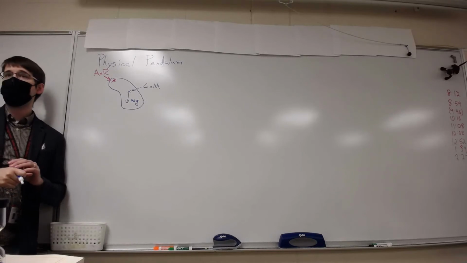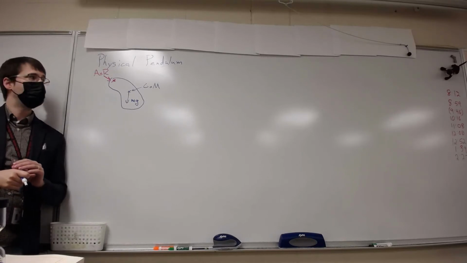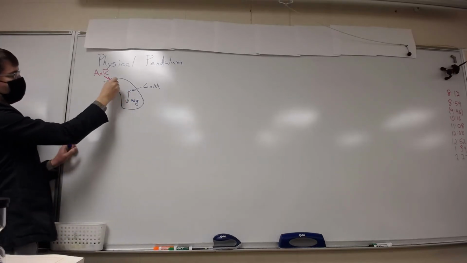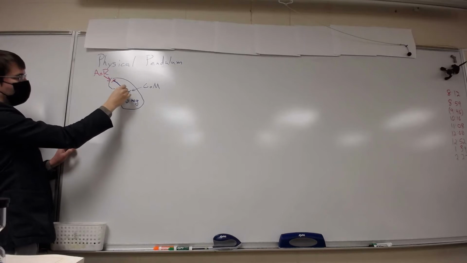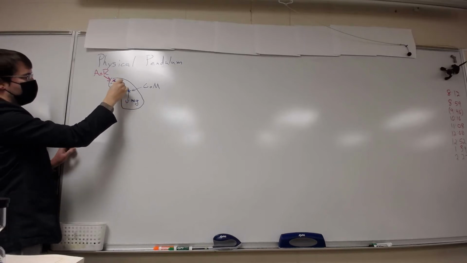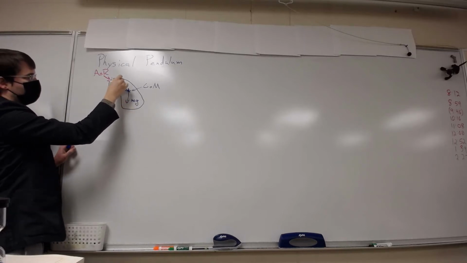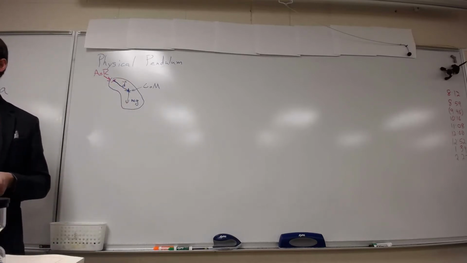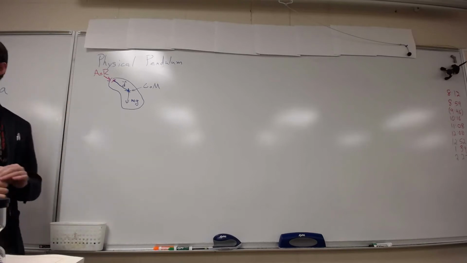And that force is acting at a distance away from the axis, a distance d. So I'm going to draw in a vector there. That is our distance vector from the axis to the point where the force is being applied.